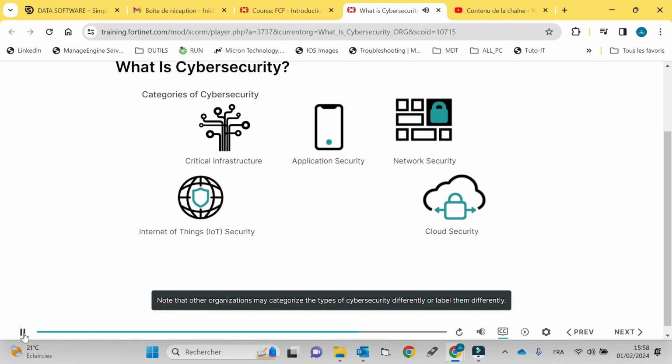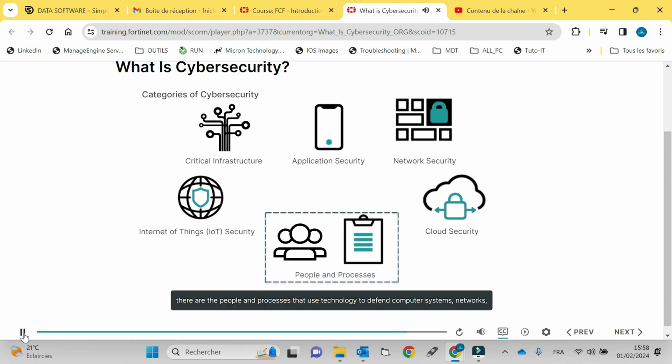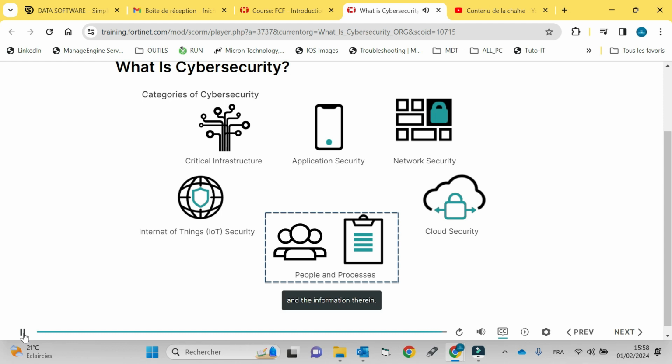Note that other organizations may categorize the types of cybersecurity differently or label them differently. In addition to these 5 categories, there are the people and processes that use technology to defend computer systems, networks, and the information therein. And in the end, people and processes.